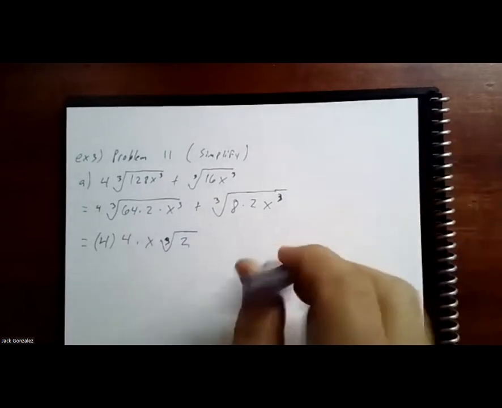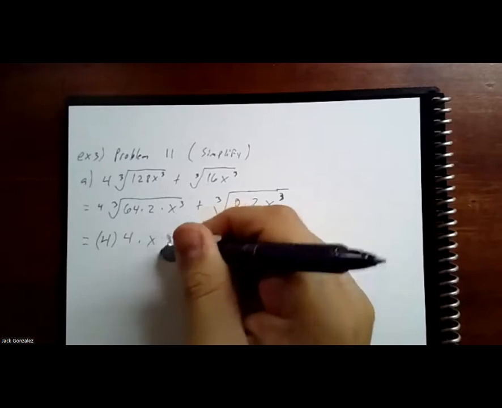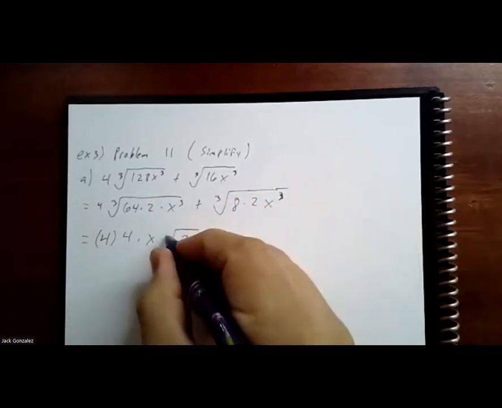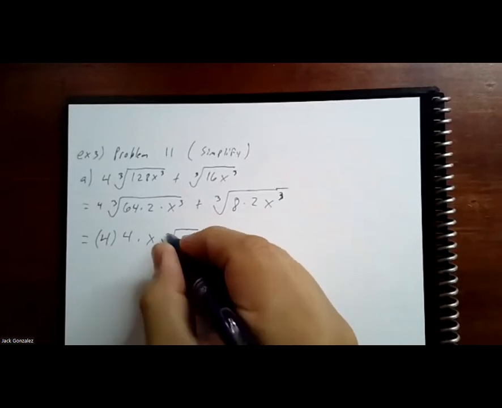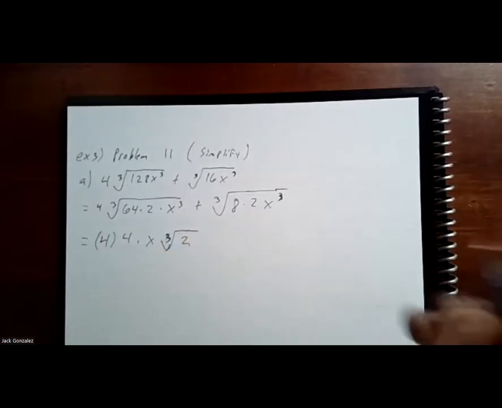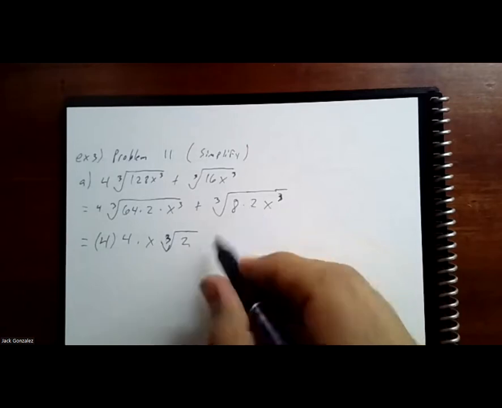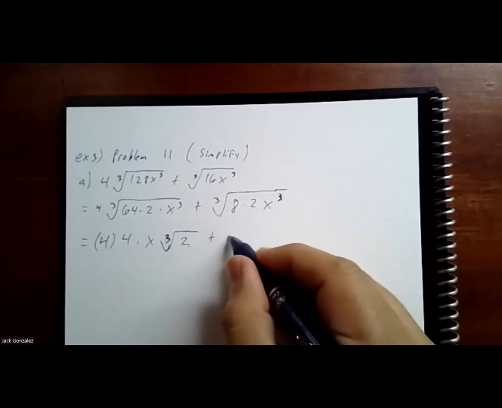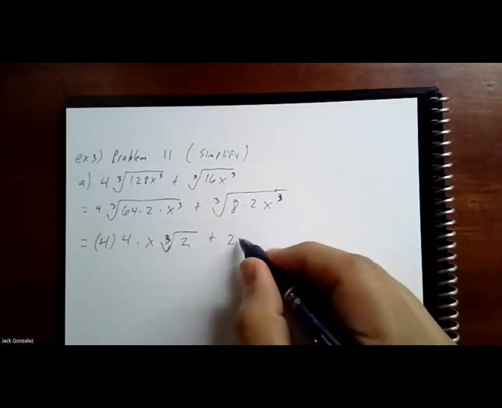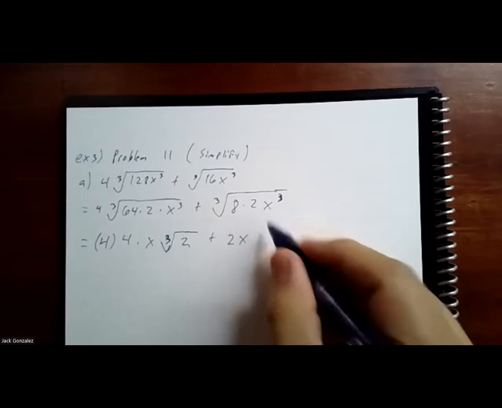But does this make sense? Is that okay? Yes, sir. It's supposed to be a 3. So cube root of 8. Cube root of x cubed. That 2 is going to stay.